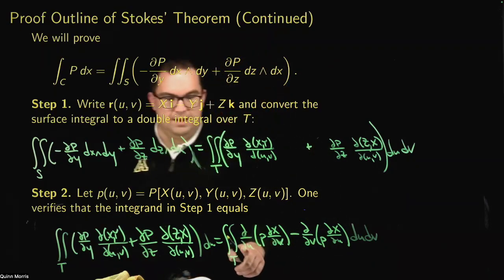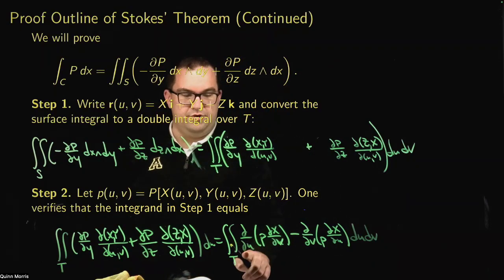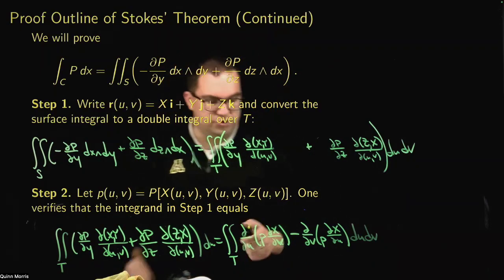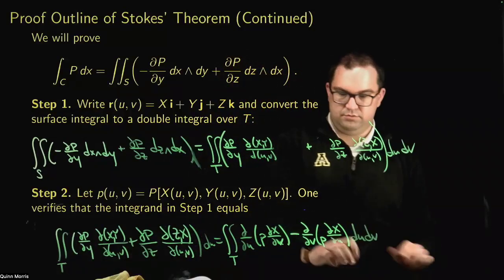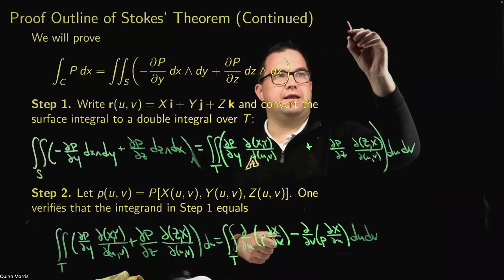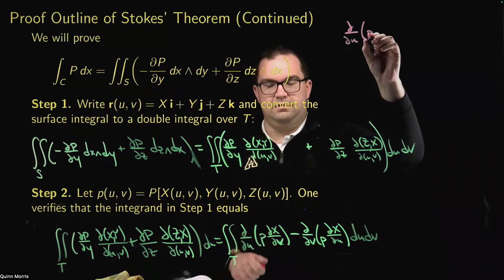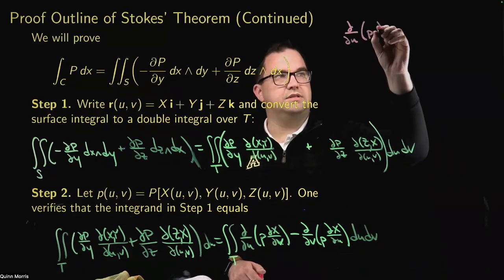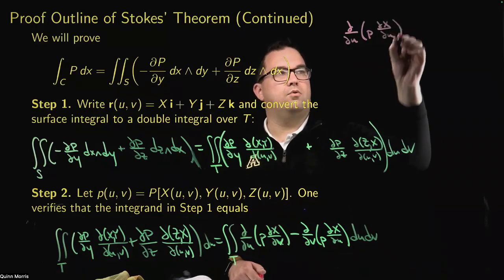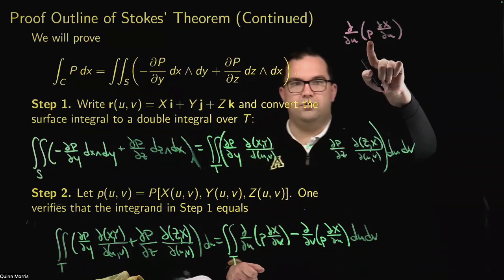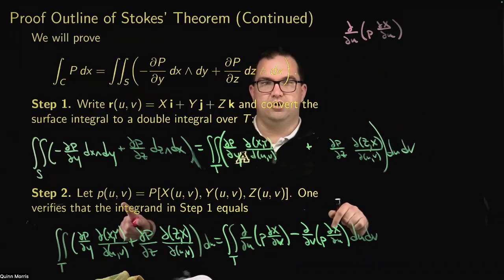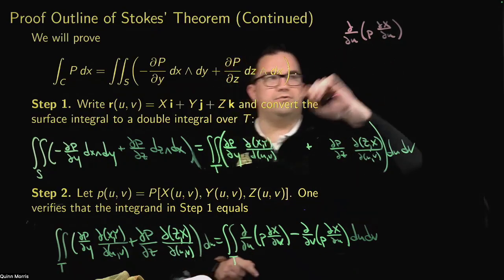Now, we're not going to fully go through this, but let me explain how you would do this. You would need to write out what the derivative with respect to u of this term is. Just to give you an idea, I need to calculate d/du of p times dx/dv. That's a product of two things, and notice that p depends on u, so I have to use the product rule here.